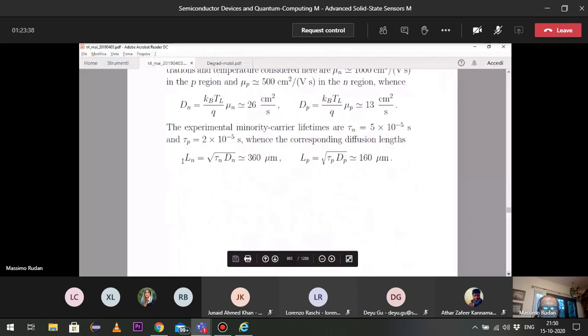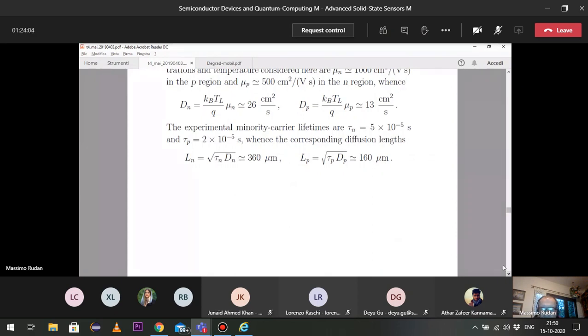We found out that the diffusion lengths are large, like 360 microns in this example, or 160 microns in this example, okay? In real bipolar transistors, W, that is the width of the neutral base region, is about 1 micron.